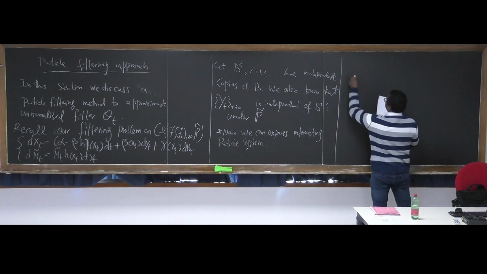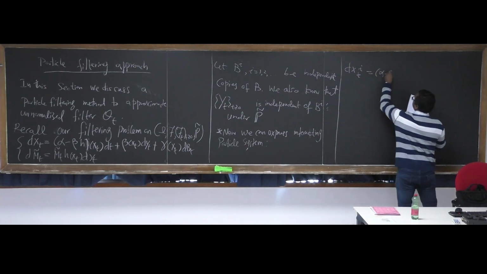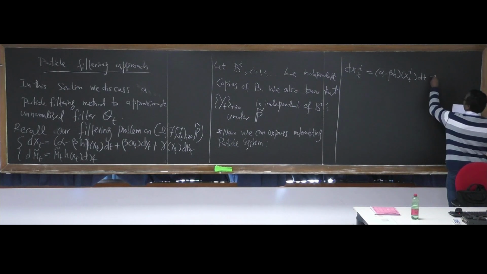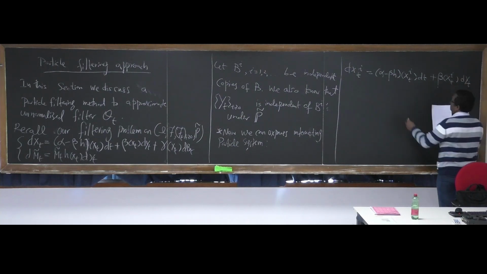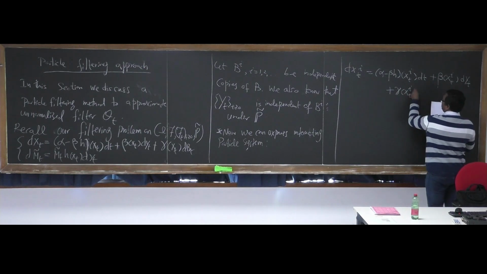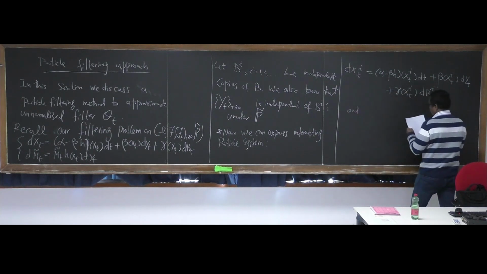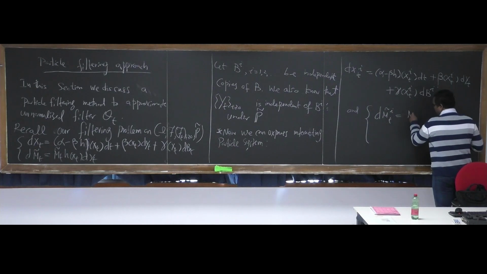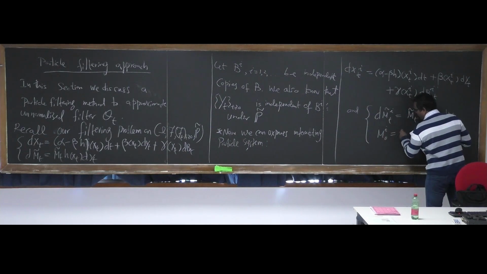That is dX^i_t equals alpha minus beta h of X^i_t dt plus beta of X^i_t dYt plus gamma of X^i_t dB^i_t, and dM tilde^i_t equals M tilde^i_t h of X^i_t dYt, with M^i_0 being 1.